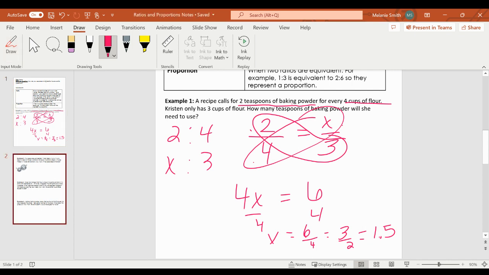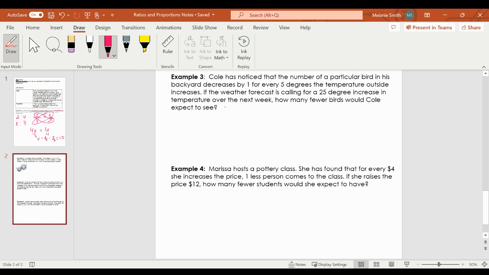All right, so let's look at another example. Example 3, Cole has noticed that the number of a particular bird in his backyard decreases by 1 for every 5 degrees the temperature outside increases. So as it gets warmer, fewer of these birds show up. If the weather forecast is calling for a 25-degree increase in temperature over the next week, how many fewer birds would Cole expect to see?